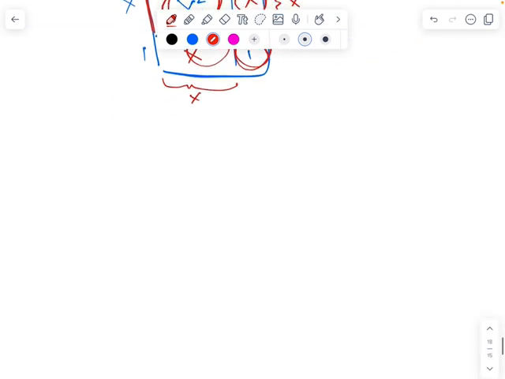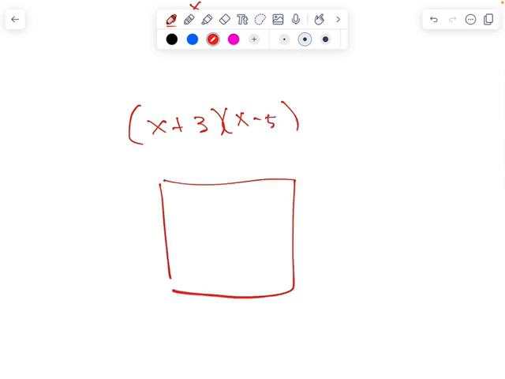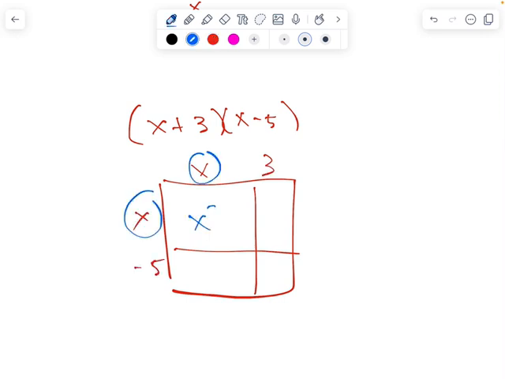So you can apply this to any polynomial, any binomial, anything you're multiplying. Let's say you have (x + 3)(x − 5). You can draw your box, and I'm not drawing this to scale. And let's just start multiplying. X times x is x squared.